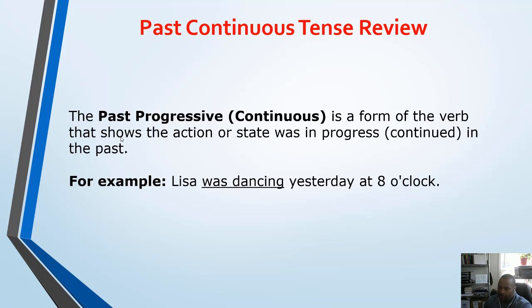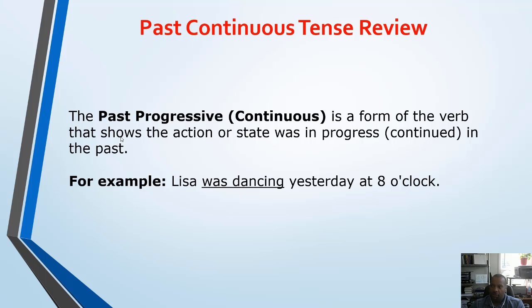For example, Lisa was dancing yesterday at 8 o'clock. Here we're showing that Lisa was, that's the past, dancing, verb plus ing, which is continuous, yesterday at 8 o'clock. All right?